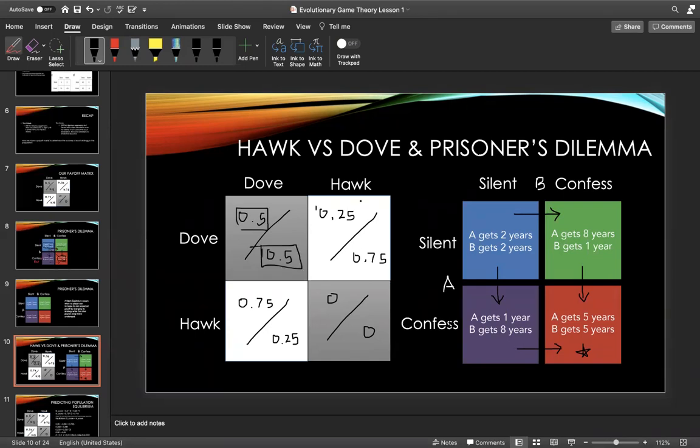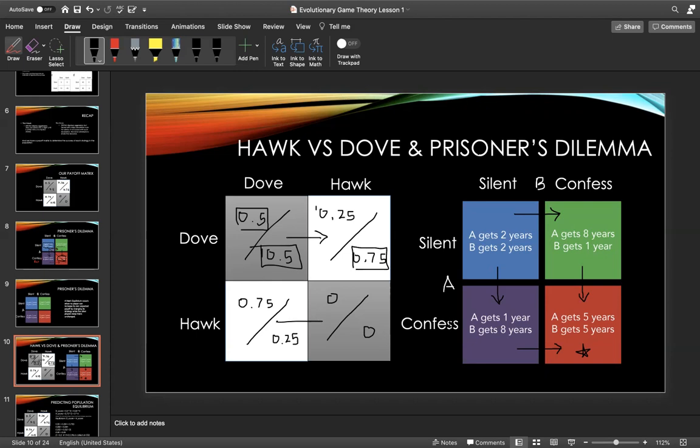So let's go through it. Let's start with dove, and let's say person A plays dove. In this case, it's in your best interest to play hawk, because we can see 0.75 is a better payoff than 0.5. If you're a hawk versus a dove, you're going to get all the food, so you might as well play hawk. And let's repeat the process. If person A played a hawk, or had a more aggressive strategy, now it changes, because hawk versus hawk has a really bad payoff.